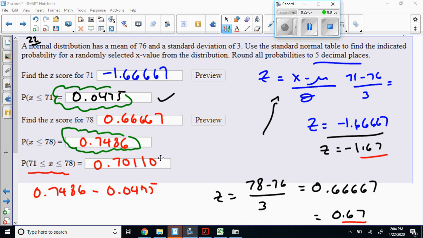And for this value, we used 0.67. On this one, we use negative 1.67, right? Okay, as a z-score, we rounded 2 decimal places for that, and they accepted that. So that should be good. All right. Any questions on that one? Okay.